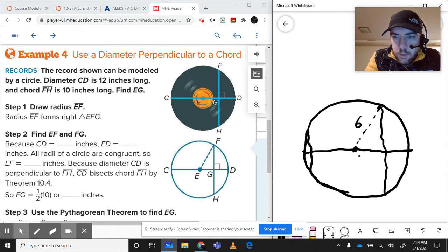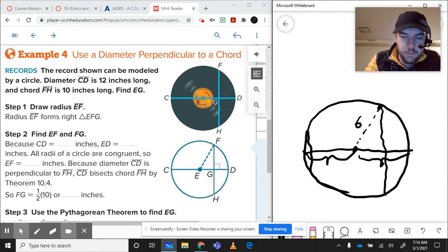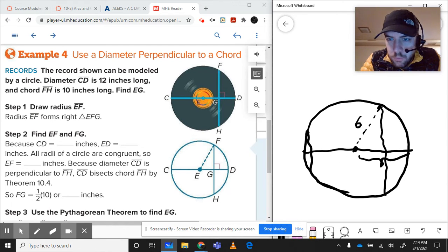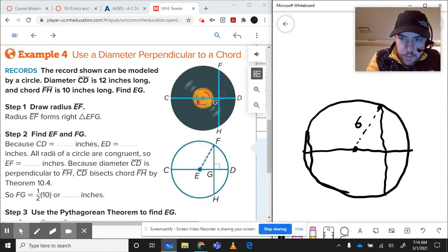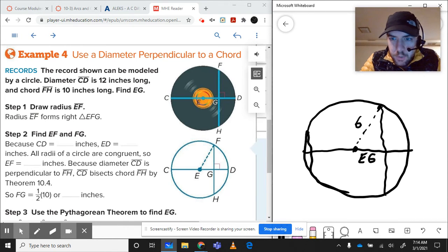So while we could label this as 6 or this as 6, those two parts being labeled is not really going to help us figure out the distance right here of EG, from the center out to that point. That's what we're trying to figure out. Now, it says the chord is 10 inches long.